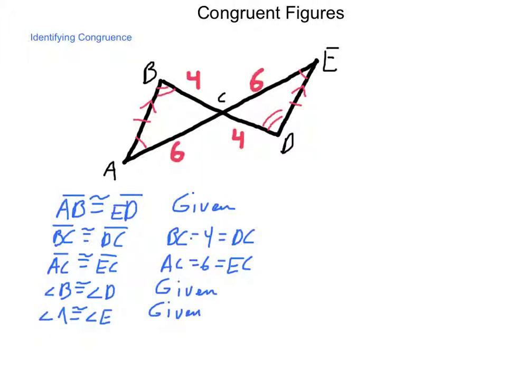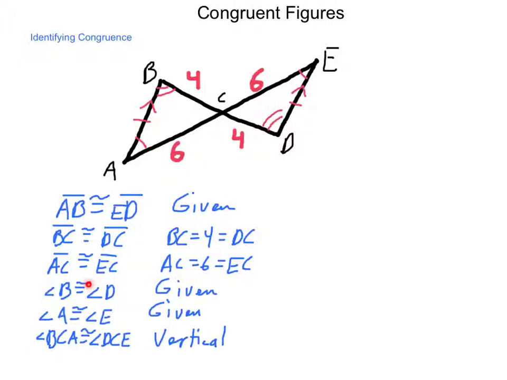Then angle BCA is congruent to angle DCE because they are vertical angles, and vertical angles are congruent to one another. So we have 3 sets of congruent sides and 3 sets of congruent angles. So by this, we'd be able to justify that these two triangles are congruent.